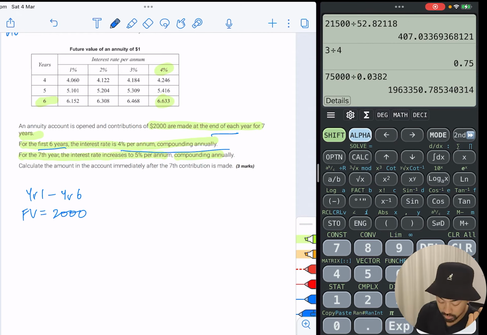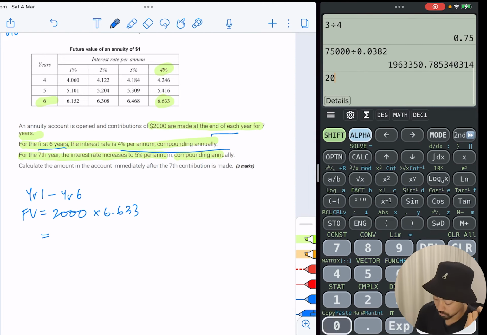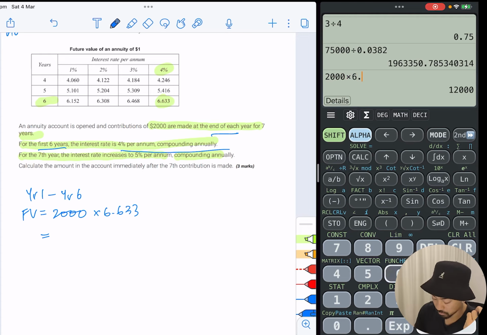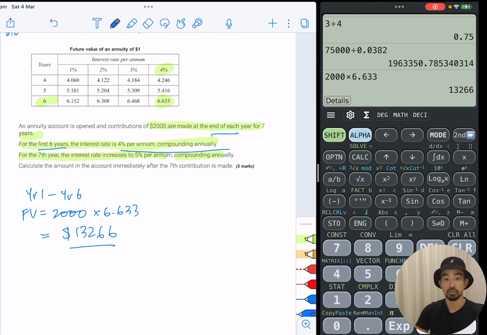So future value is 2,000 times 6.633. So at the end of 6 years, she's going to have $13,266.